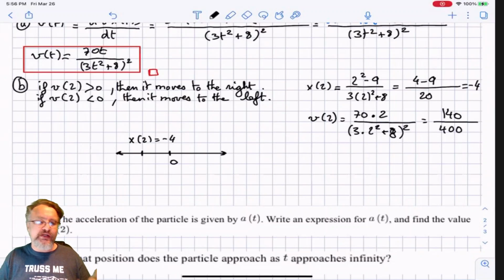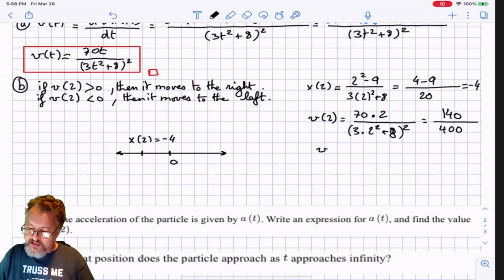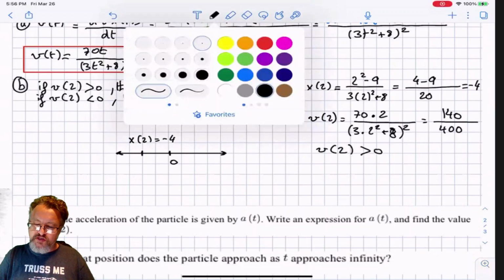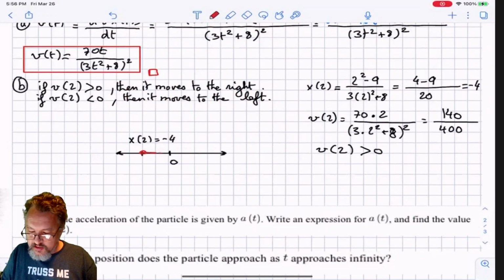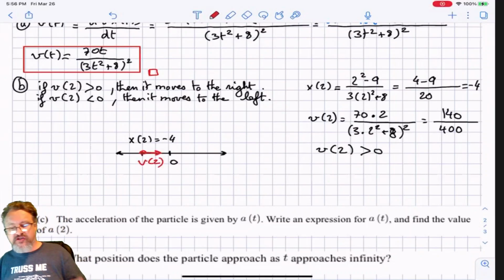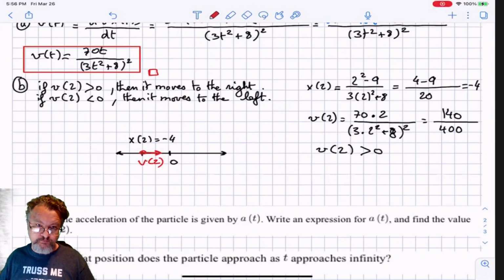I don't really care what it is equal to. I can just say right here that v at 2 is greater than 0, which means that my particle is going in this direction right here. v at 2 is greater than 0, so that means it's moving to the right.